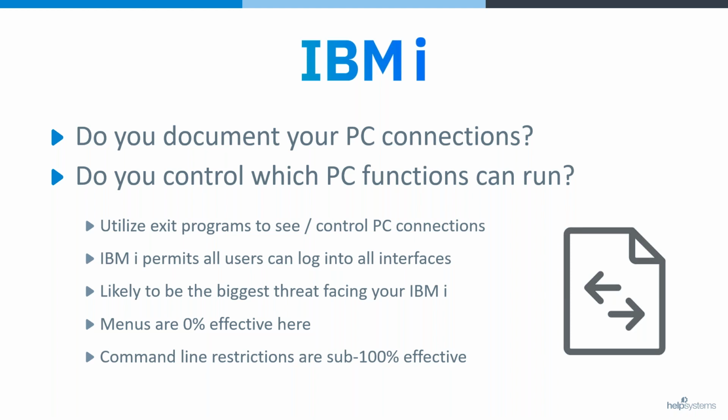If you have a menuing environment for your users that corrals their function, just understand it is completely ineffective in this PC world. When you sign into FTP, you're not going to get presented with that fancy application menu that you've been using for 30 years. We also have to acknowledge that that limit capability attribute that is associated with a command line restriction is also not 100% effective here.